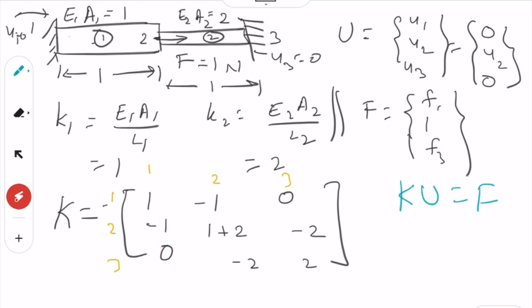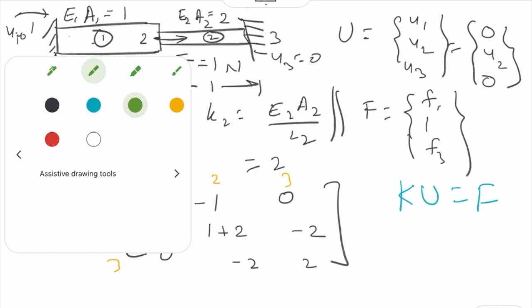So what we get simply is, if we multiply this with this one, the second equation will be simply 3 multiplied by U2 equal to 1. So what do we get?